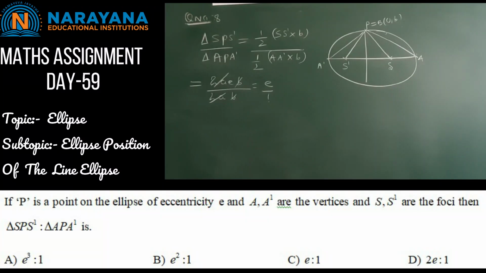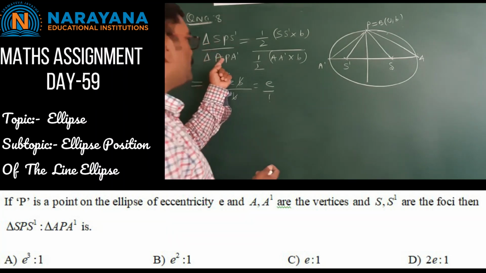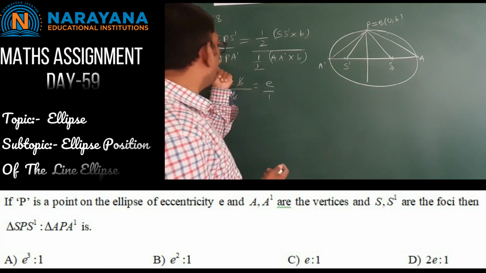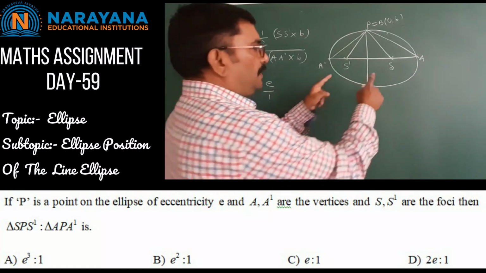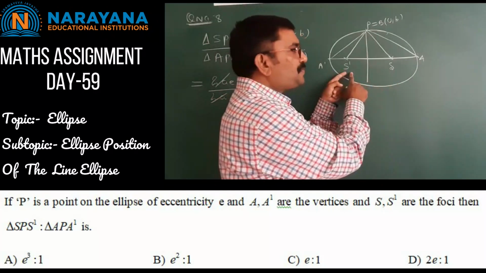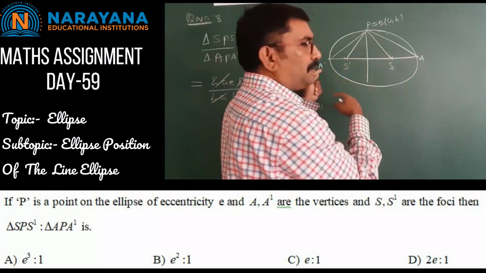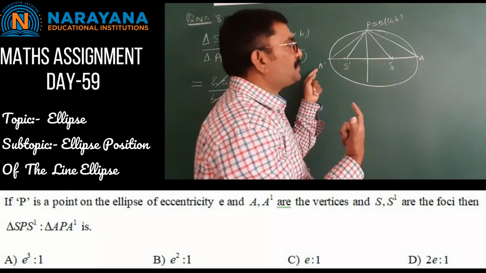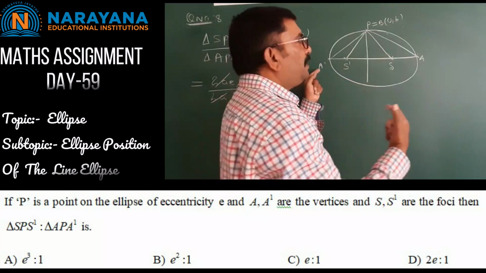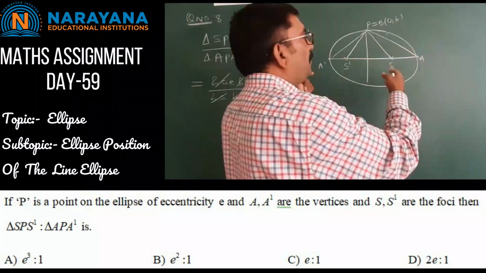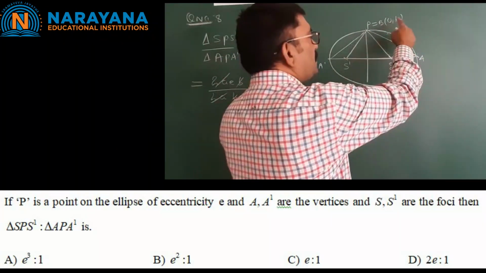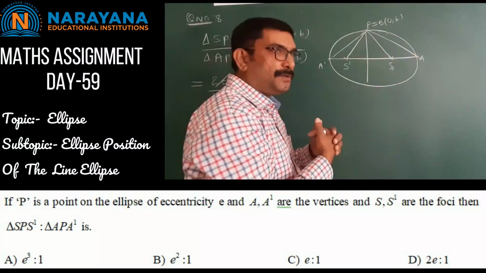In question number 8, we have to find out the ratio of the area of triangle SPS dash upon the area of triangle APA dash. S and S dash are the foci, A and A dash are the ends of the major axis. P is any point on the ellipse; without loss of generality, we can take it as P(0, b).